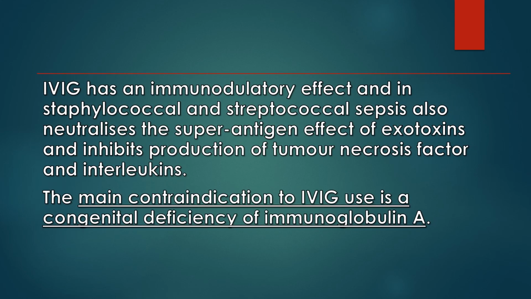Intravenous immunoglobulin has an immunomodulatory effect, and in staphylococcal and streptococcal sepsis also neutralizes the superantigen effect of exotoxins and inhibits production of tumor necrosis factor and interleukins. The main contraindication to intravenous immunoglobulin use is a congenital deficiency of immunoglobulin A.